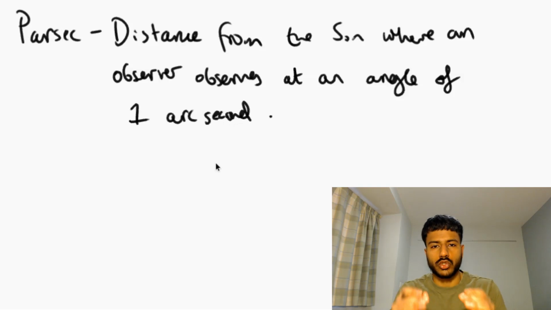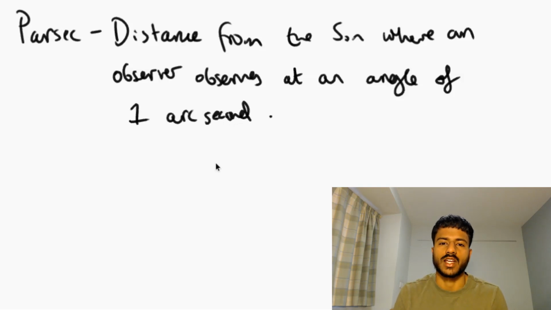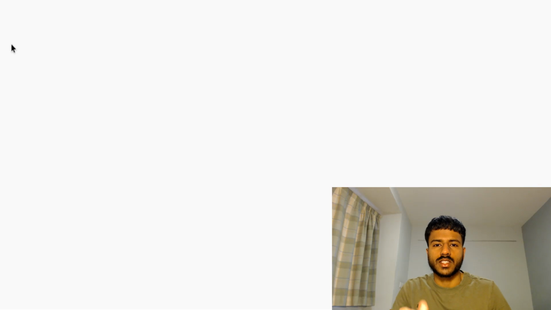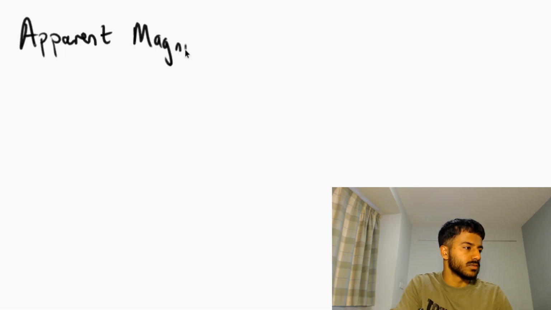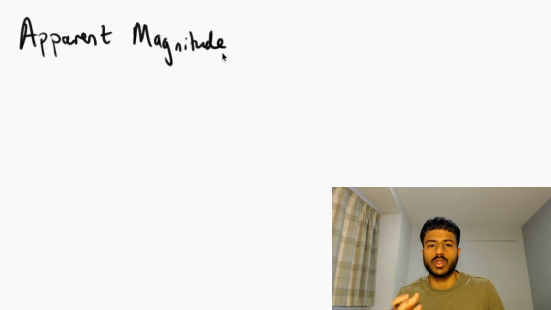So now that we've introduced you to the idea of a parsec, let's now discover how we can compare brightnesses of different stars. Now the first kind of brightness is called an apparent brightness, or we're going to call it the apparent magnitude. And here magnitude and brightness can almost be used as the same thing.